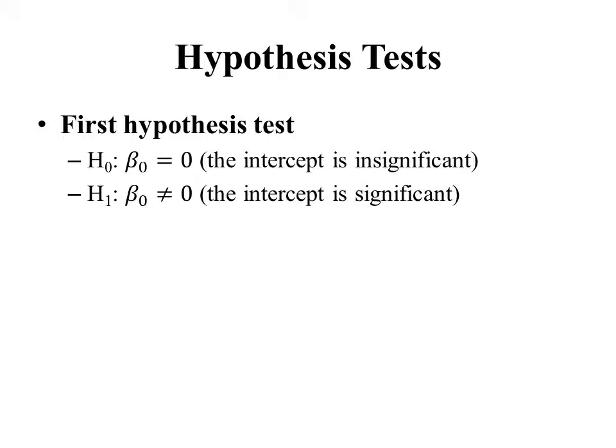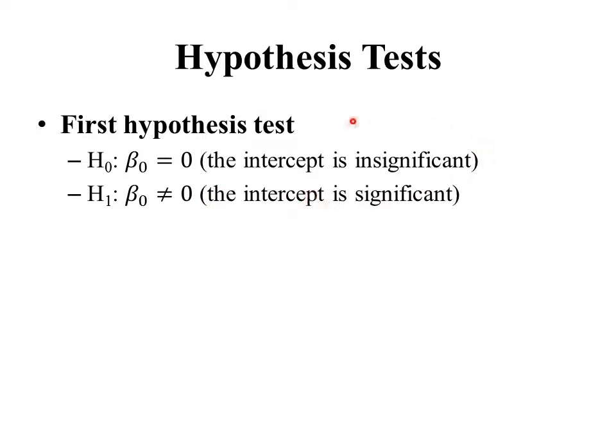Now we can also do some hypothesis tests about the values of these coefficients. So we're going to do 2 of them. The first one is for beta naught, and here the null and alternative hypotheses are these statements. The null is that beta naught equals 0 versus the alternative that beta naught is not equal to 0.